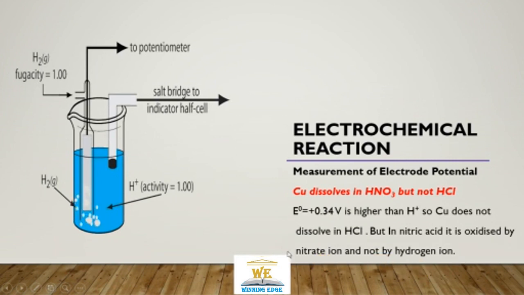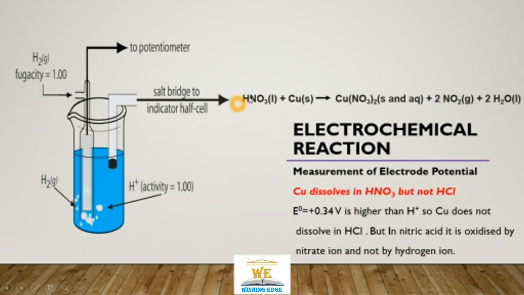So we have to think like that. Copper is not reducing hydrogen, but copper is getting oxidized by the nitrate ions. Let's see an example: copper in nitric acid. It forms copper nitrate, and the nitrate of the nitric acid gets reduced to nitrogen dioxide and water; the hydrogen in nitric acid remains in the same positive oxidation state.